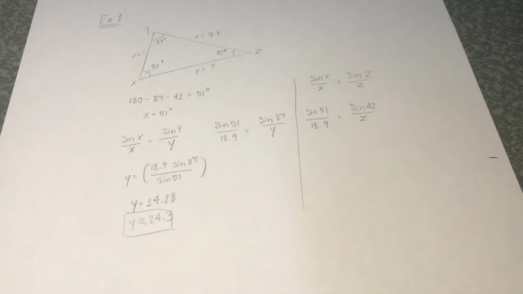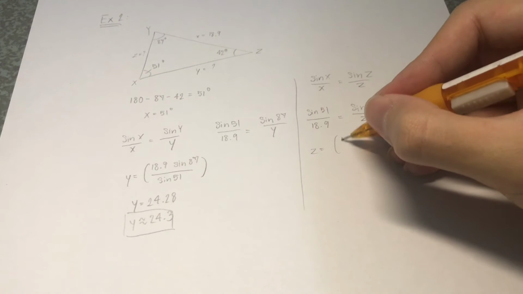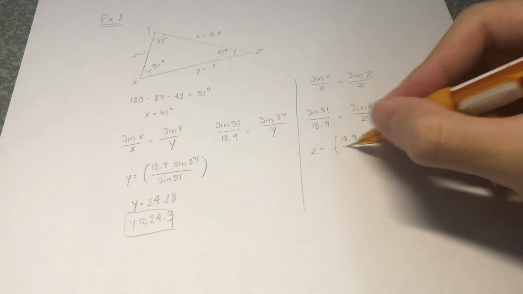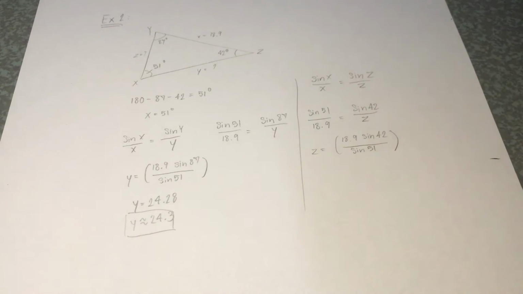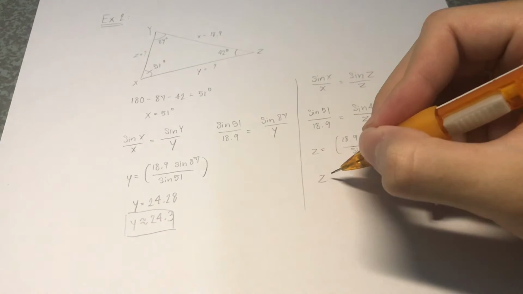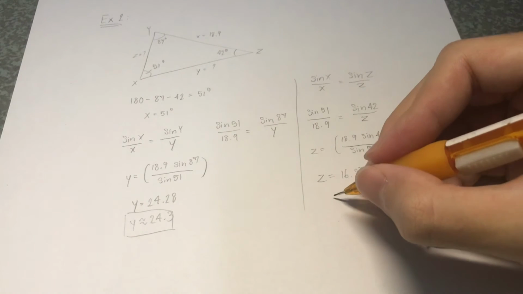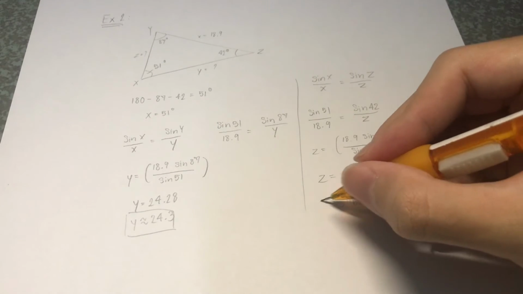Simplify and you will get c equals 18.9 sine 42 over sine 51. Use the calculator again. Therefore, the last side, c, equals 16.27 or approximately 16.3.